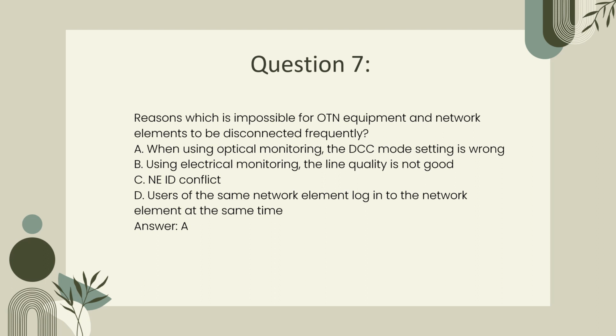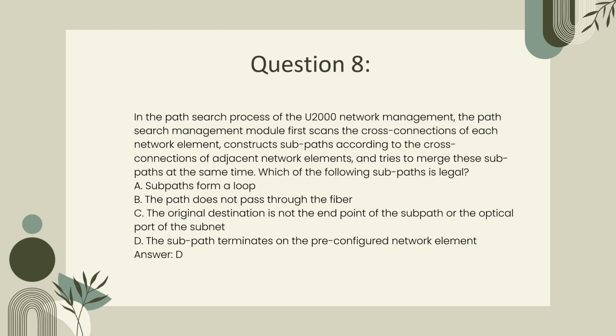Answer: A. 8. In the path search process of the U2000 network management, the Path Search Management module first scans the cross-connections of each network element, constructs subpaths according to the cross-connections of adjacent network elements, and tries to merge these subpaths at the same time.